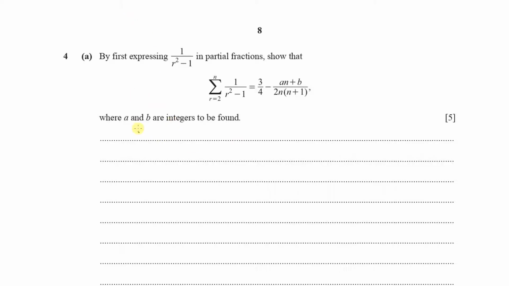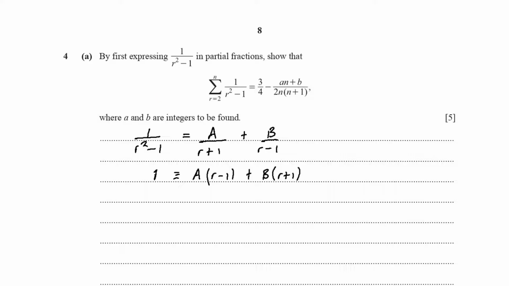So what we're going to do first is express 1 over r squared minus 1 in partial fractions, and this is going to give us a over r plus 1 plus b over r minus 1. So we can form an identity of 1 being identical to a of r minus 1 plus b of r plus 1.